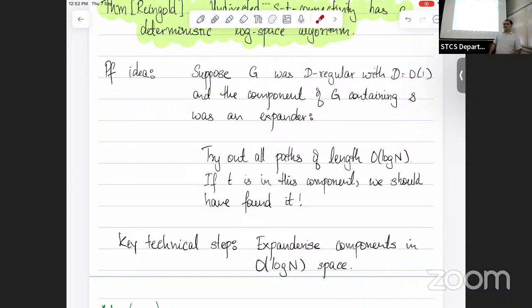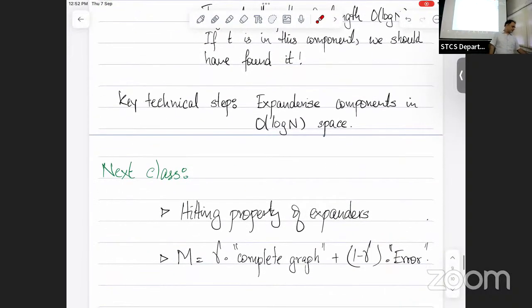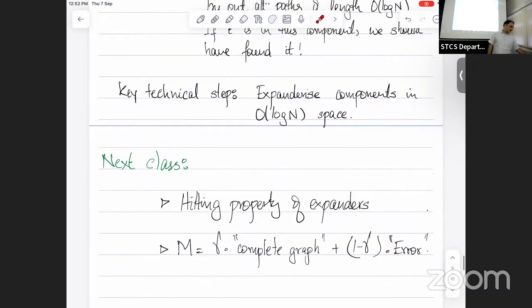Okay, so we will see this maybe in 2 classes from now. Next class will likely start building expanders, and then after we are comfortable with that, we'll be able to do this. Basically, the next class I'm going to follow with something called the hitting property of expanders, and we will see how you can use this for randomized algorithms when you want to reduce the error but not use too much randomness.